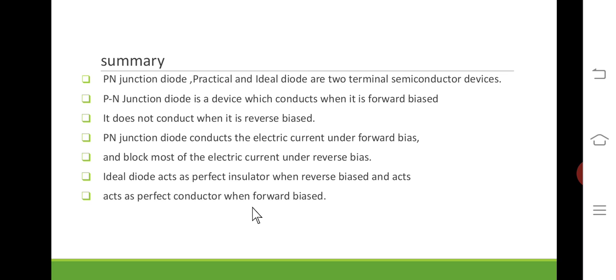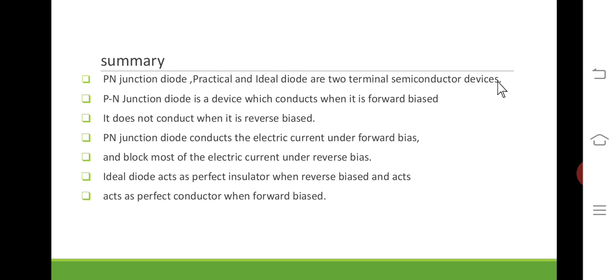Okay, now till now what we have studied, this is the summary of that. What I told you, after completing this session, we are going to understand what is meant by the PN junction diode, practical diode and the ideal diode. And these three are all two terminal semiconductor devices.